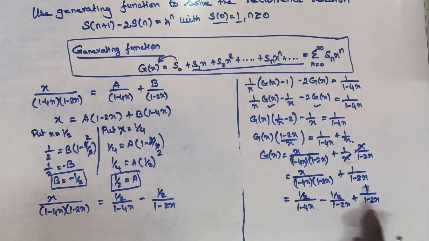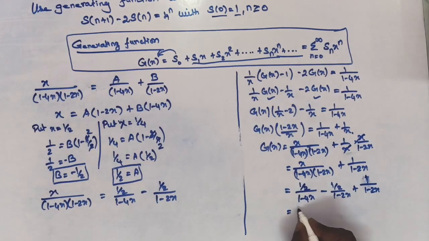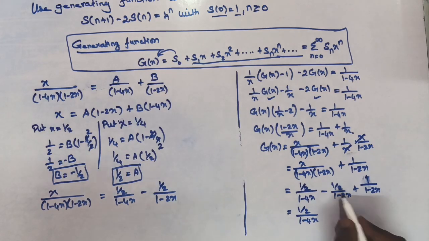Here the denominator is common, so this is equivalent to 1 by 2 divided by 1 minus 4x, and this is going to be, since the denominator is equal, minus 1 by 2 plus 1 divided by 1 minus 2x, so you will get 1 by 2.